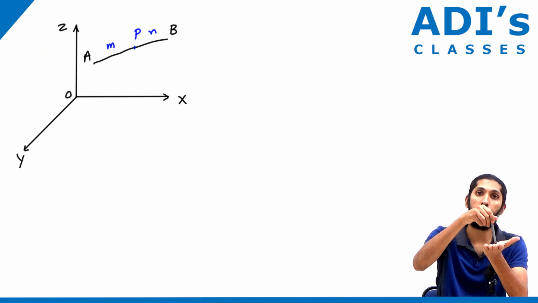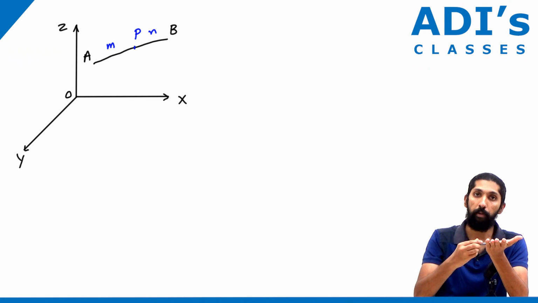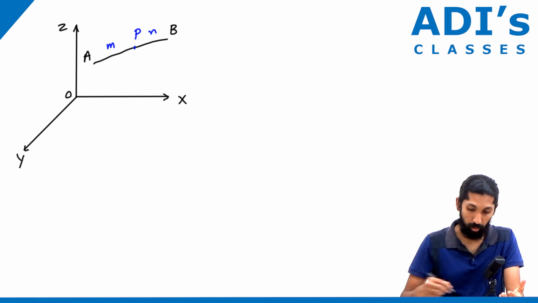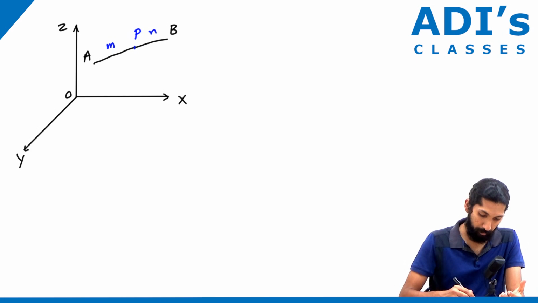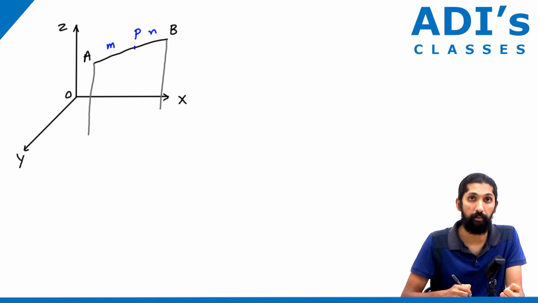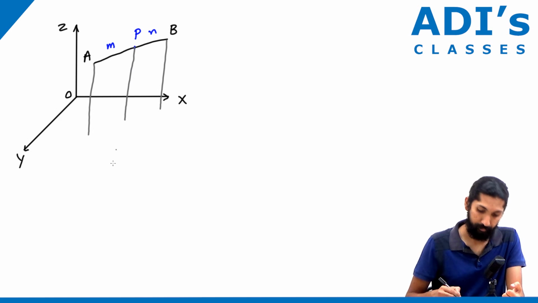So this is going to be parallel to the z-axis. So parallel to z-axis, perpendicular to the xy plane. We are going to draw two lines perpendicular. So it's going to be something like this and something like this, perpendicular. So from P also you drop a perpendicular.